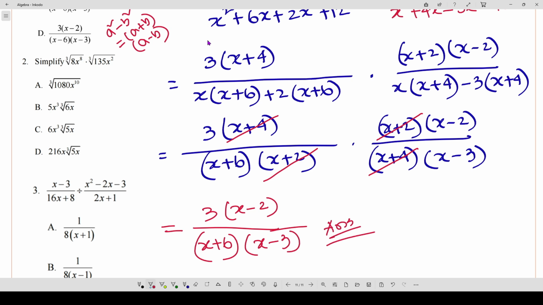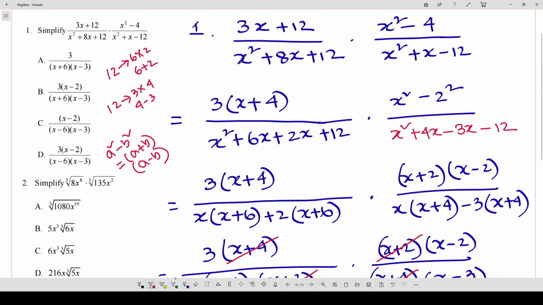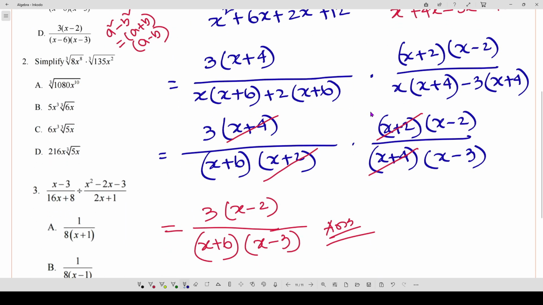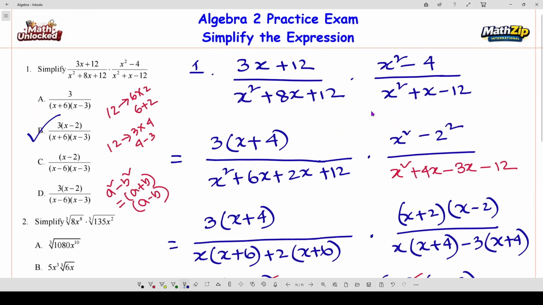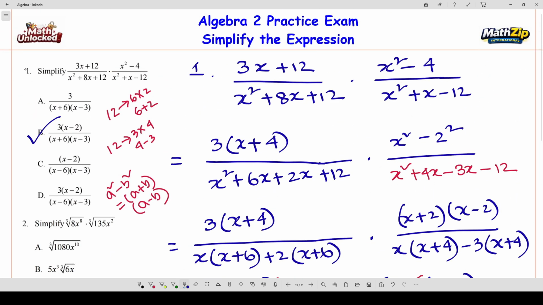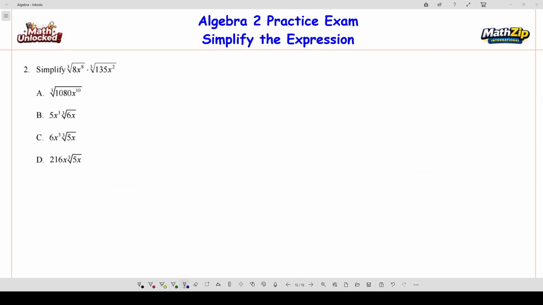That means our required answer will be option B. Cross check, 3 times x minus 2, x plus 6, x minus 3. So first question answer done.